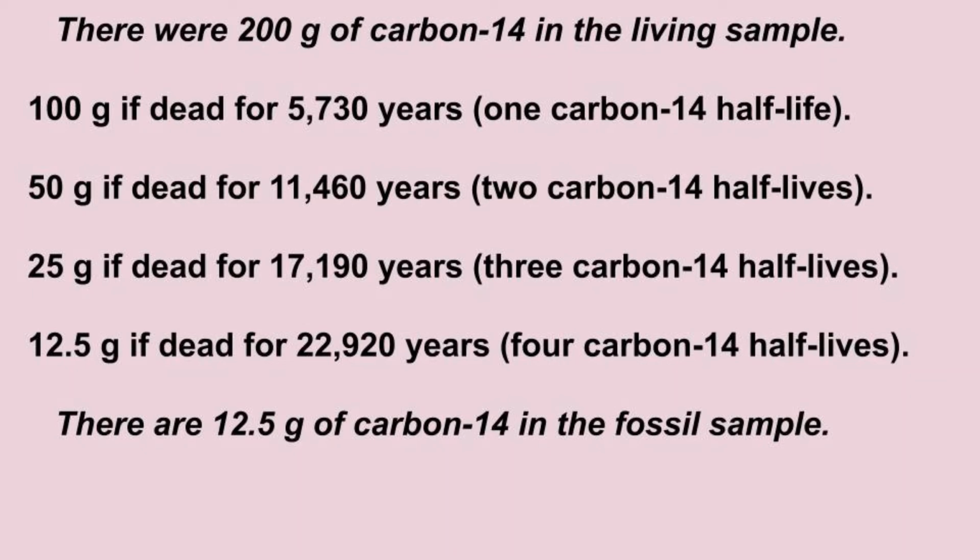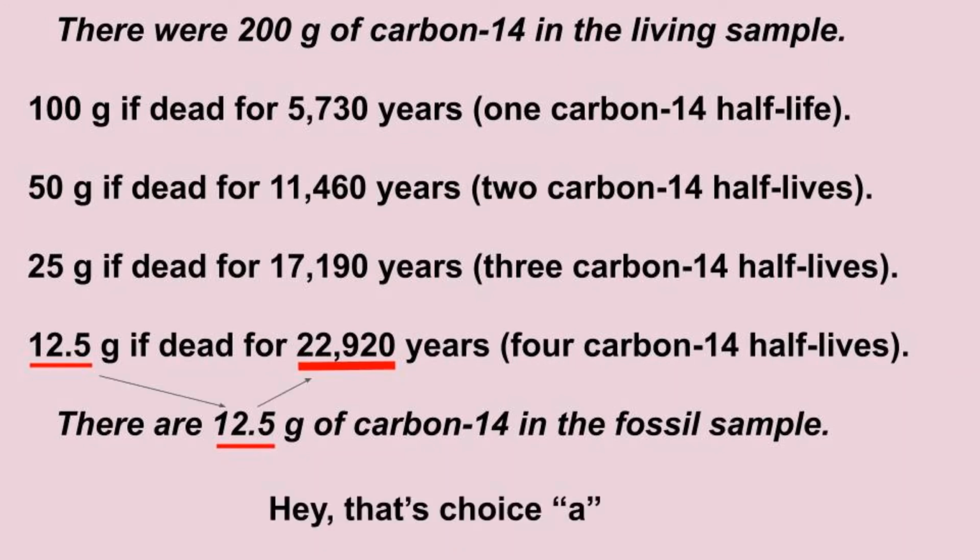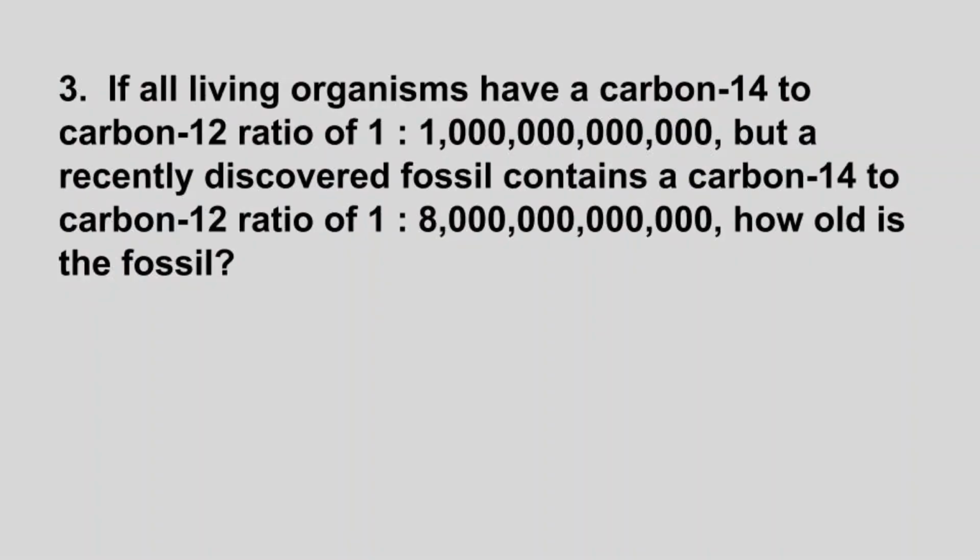There would be 12.5 grams of carbon-14 if it's been dead for 22,920 years, or 4 carbon-14 half-lives. So a sample that's gone from 200 grams of carbon-14 when the organism was alive to only 12.5 grams of carbon-14 today has been dead for about 22,920 years, which is choice A.